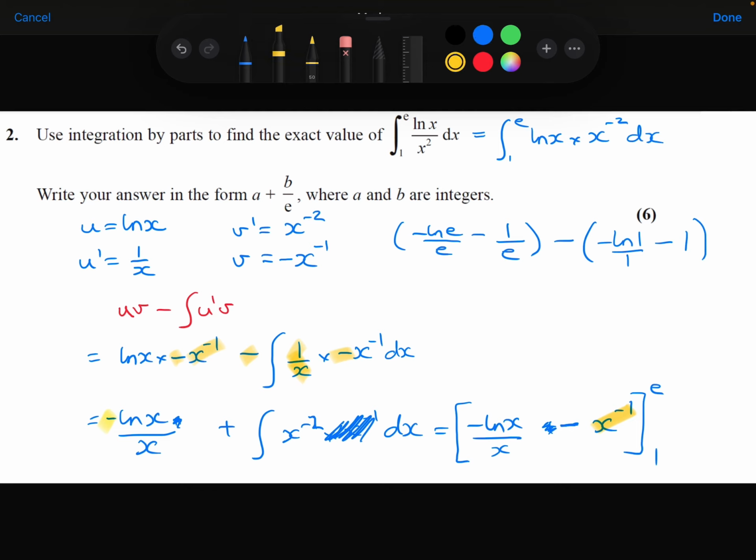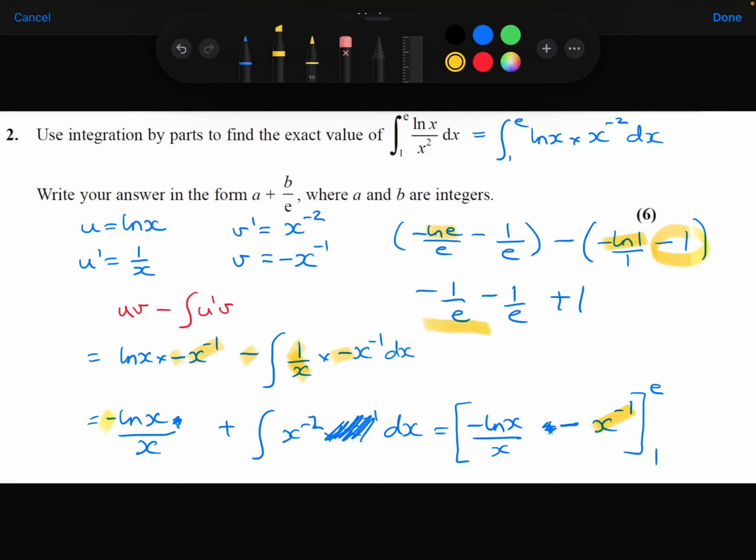Now ln e is just 1, so we get minus 1 over e minus 1 over e minus ln 1 is just 0, so we don't have to worry about that. But we do have another minus 1 here, which when combined with the minus at the front will make that a plus.